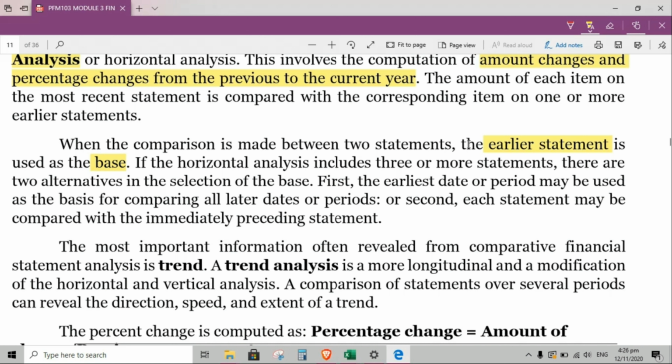2017, yung earlier statement. So, if there are three or more statements, meron tayong two alternatives. Ang una, yung earliest date or period ang gagawin nating basis para ma-compare yung mga later dates.